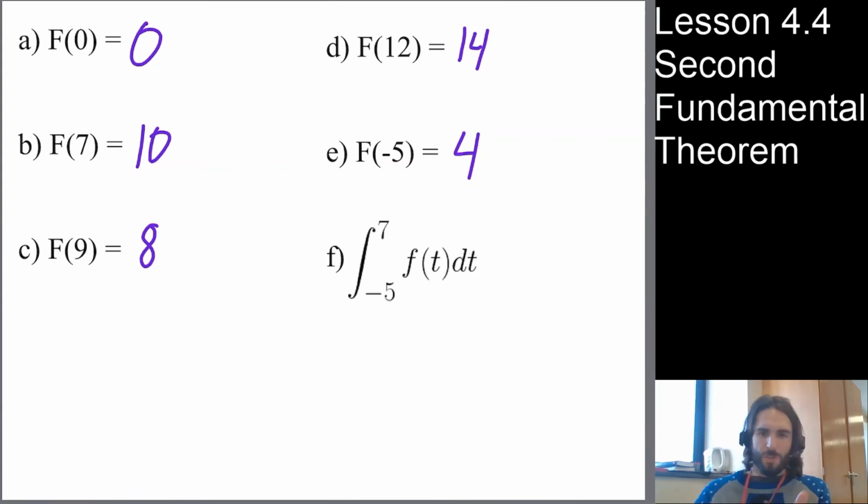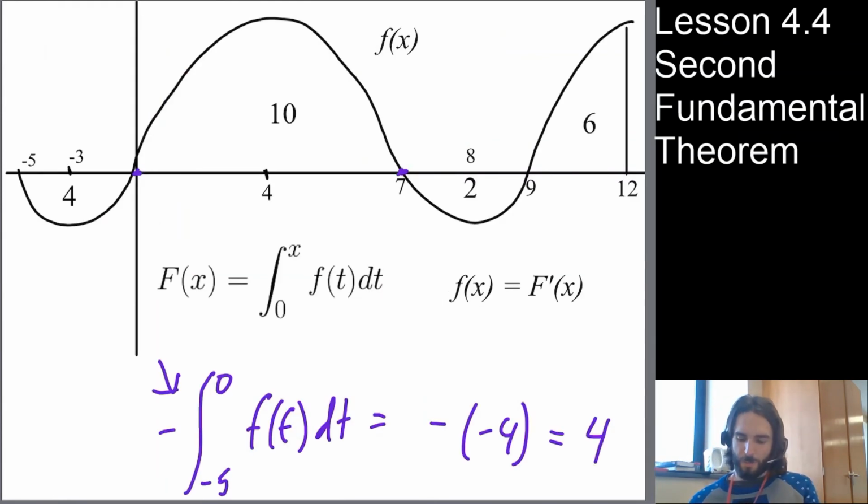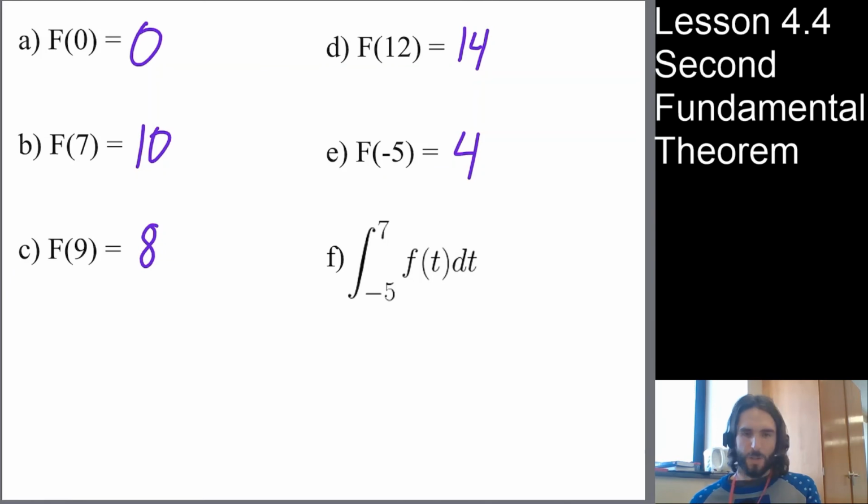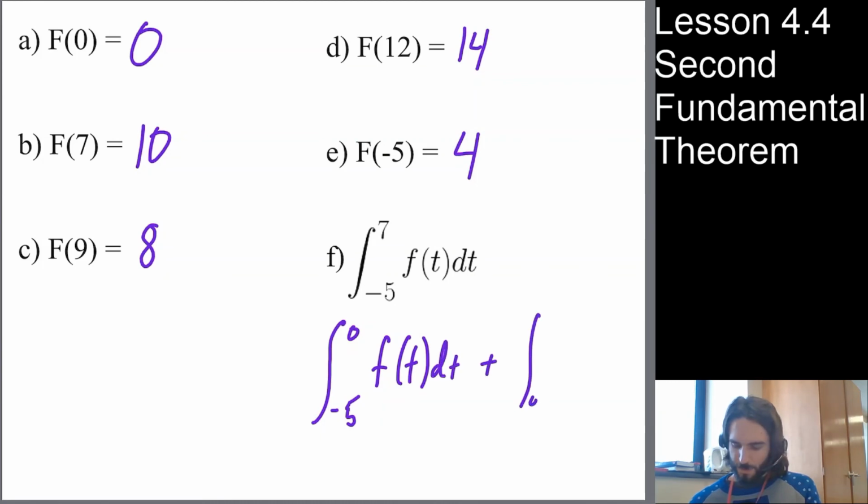Okay, this next one's a little bit tricky. Remember, we don't have the graph of f of t, we have the graph of f of x, which is defined in terms of the derivative of big F of x. So what we're going to have to do is rewrite this in terms of integrals that we're allowed to evaluate. So what I'm going to do is break this into -5 to 0 plus 0 to 7.